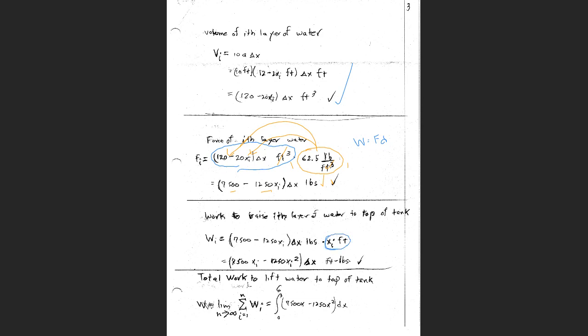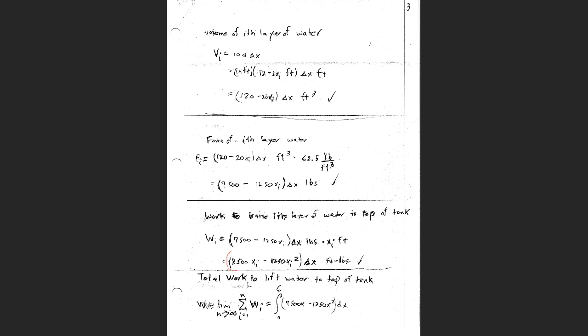So I'm going to take that distance and multiply it by the force for the ith layer of water to get an expression for the work. So the work needed to raise the ith layer of water to the top of the tank would be equal to what you see right here, which is 7,500 xi.